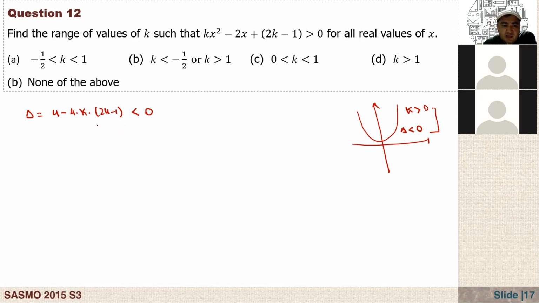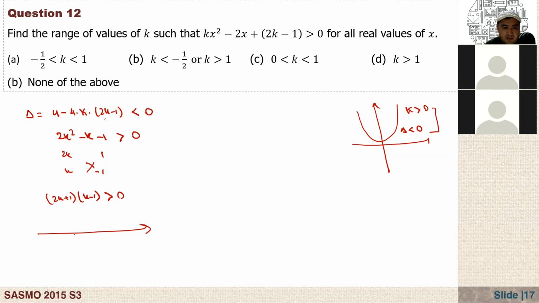If you divide both sides by minus 4, here we have 2k squared minus k minus 1 greater than 0. So here it is 2k, k, this one is 1, 1, it is minus. So here we have 2k plus 1 times k minus 1 greater than 0.